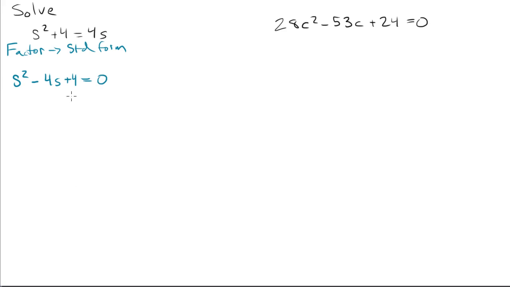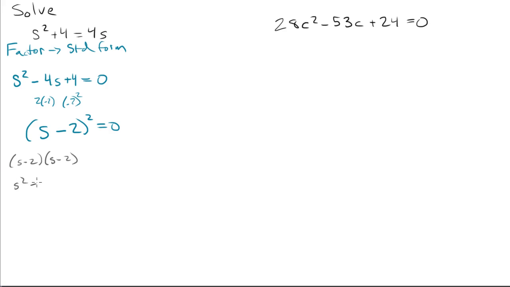And what I'm thinking is 4 is 2 squared, right? And this is 2 times a negative 2. So I guess this is a negative 2 squared. So this whole thing should be s minus 2 squared. And I can check this. S minus 2 times s minus 2.